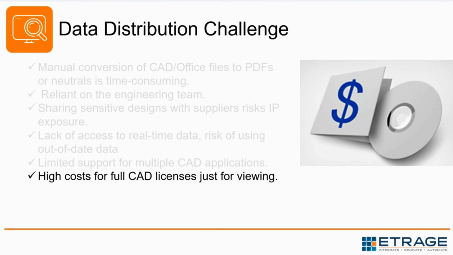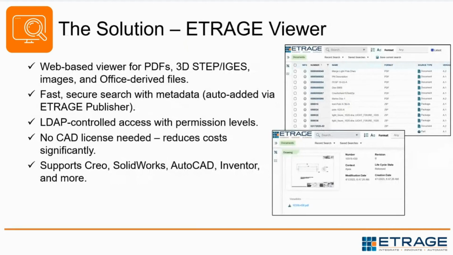Things like the procurement department, manufacturing, your suppliers, quality department, and in other cases, marketing as well, to be able to get information to market the product. How do we solve this issue, or how does this ETRAGE viewer solution that we have solve this issue?